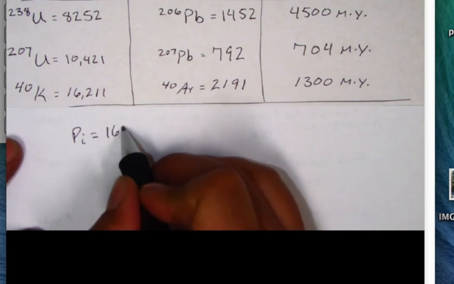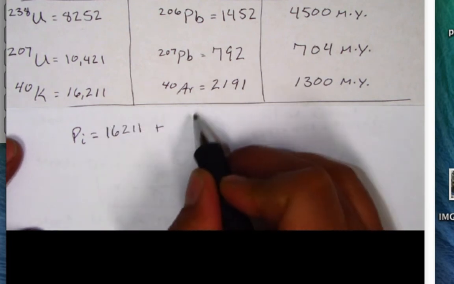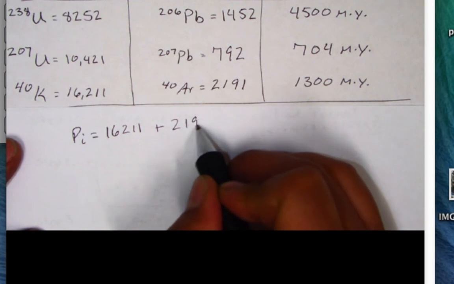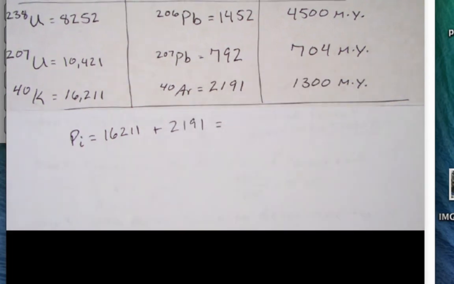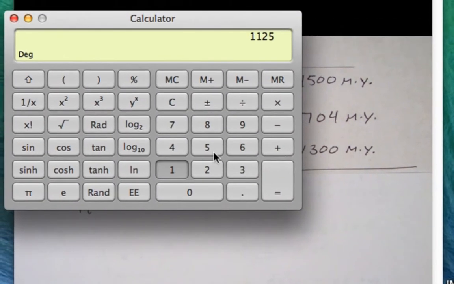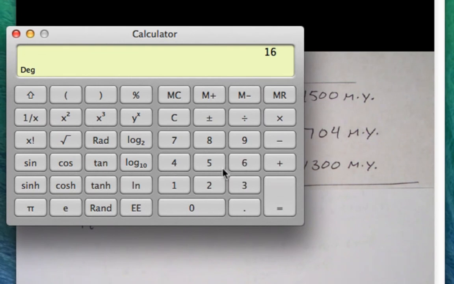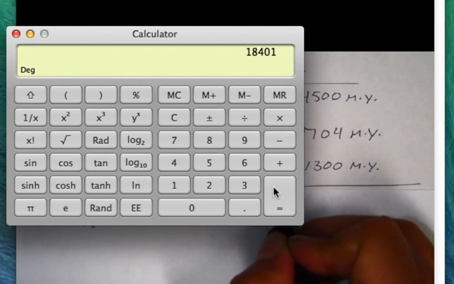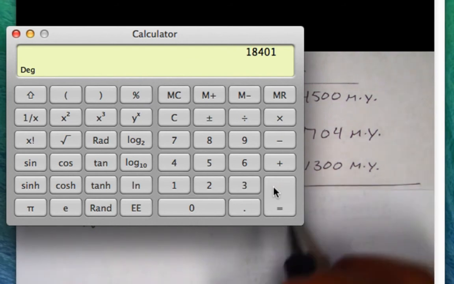So we have to add 1611 plus 2191 to give us that total. So when we do that, we'll take 1611 plus the 2191. It's going to be 18402. So that's going to be our parent initial.